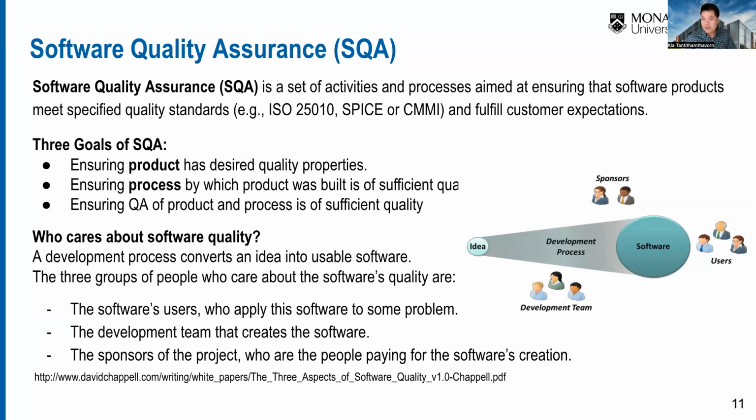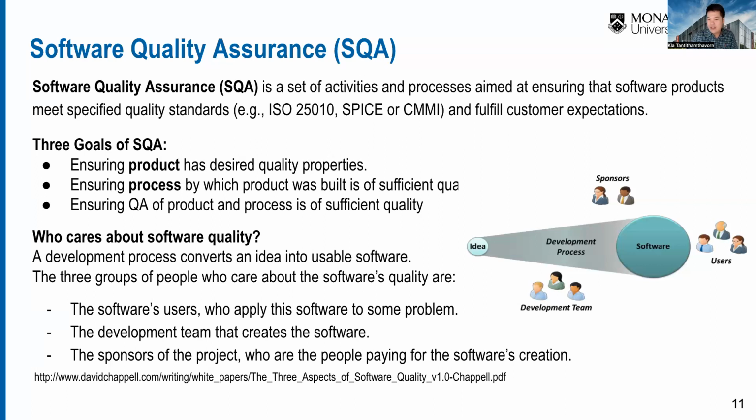End users, of course, because they directly use the software. The development team, of course, they care about software quality because if there is something wrong, they have to fix it, right? And the sponsor means the companies, who pay the salary to the development team to create the software.